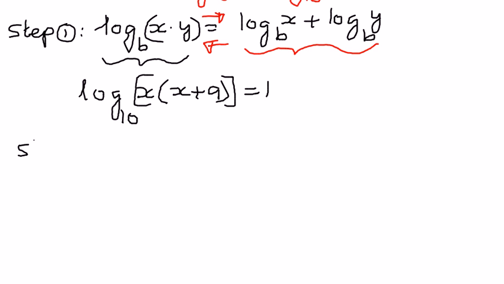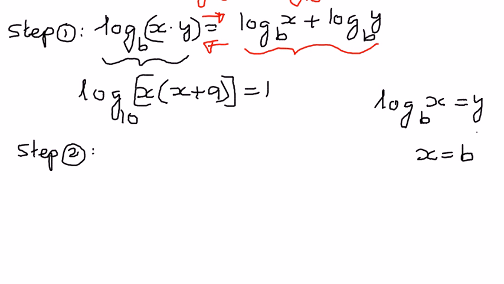In our second step, we know we can express a logarithm in terms of an exponent. So if we have log x to the base b is equal to y, we can write this one as x equals b to the power of y.